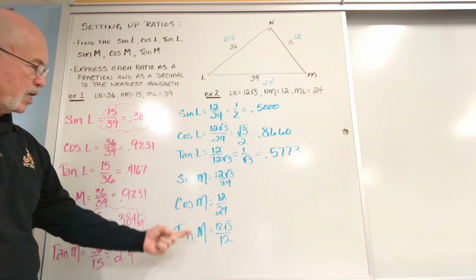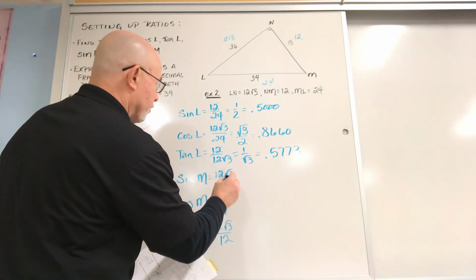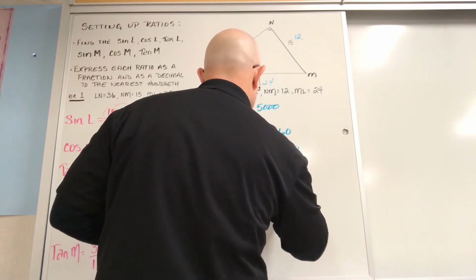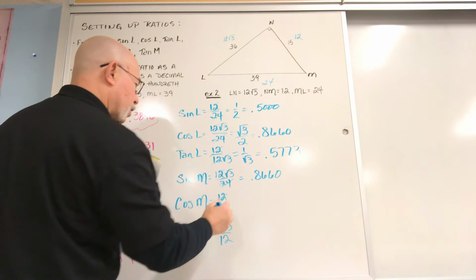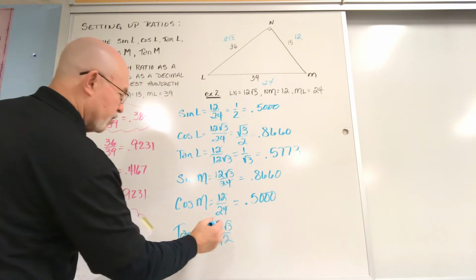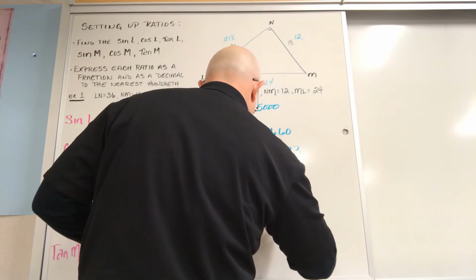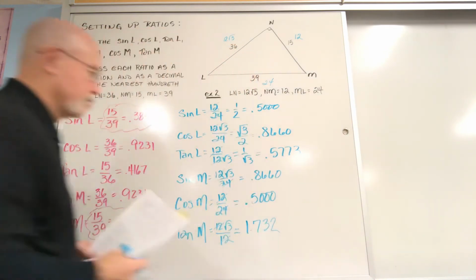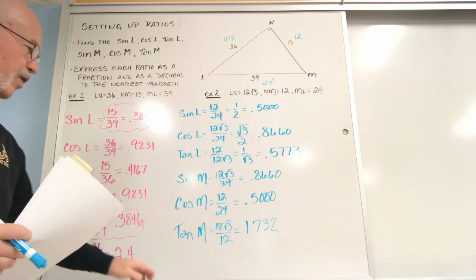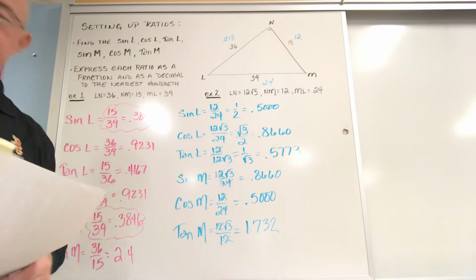Adjacent leg over hypotenuse for cosine. Tangent, opposite leg over adjacent leg. We're going to divide again. Same thing. Okay? Boom, boom. The only one here that's different is radical 3. That's how you're going to set up ratios. Okay? And if you need to, you can find them on the chart.